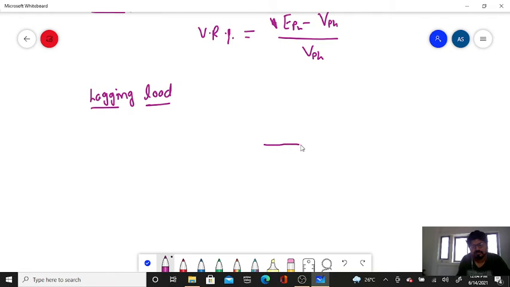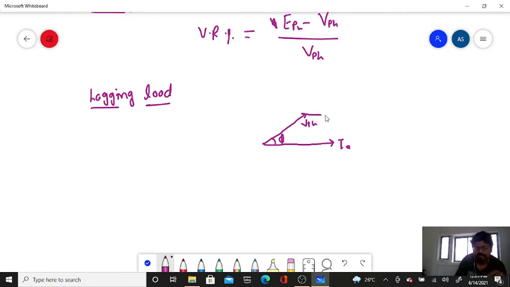Suppose here is our armature current IA. If the load is lagging, our terminal voltage V will lead the current by some power factor angle phi. Now the two drops are there, IaRa and IaXs.